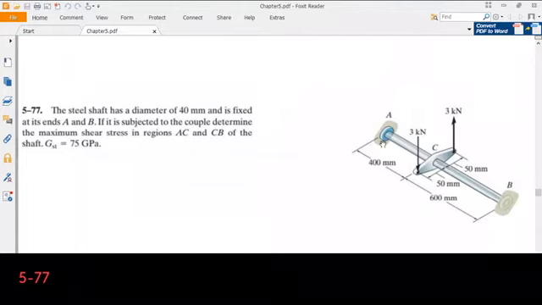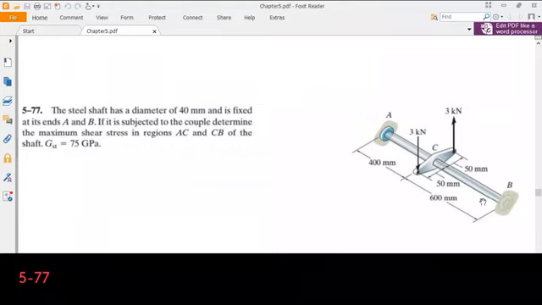But there is something that we can easily say. If you look at the problem, the relative angle of twist of point B with respect to A is 0, or the relative twist of A with respect to B is 0. And this is one thing that we can use.